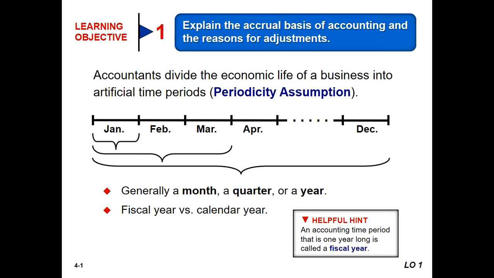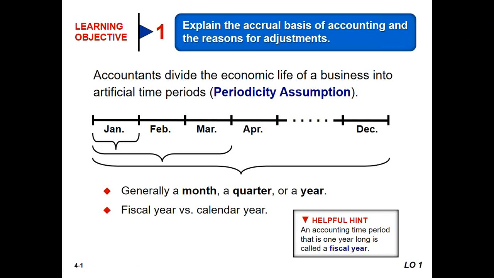If we just kept the books, let's say the operations, the income statement, from the first day of the company until the end of the company, what good would that be? It would be a massive thing, of course, but we wouldn't have any means of saying, well, for this year, this is what I did, or for this year, this is what I did, because it would all be lumped together. So we divide the life of the business into time periods.